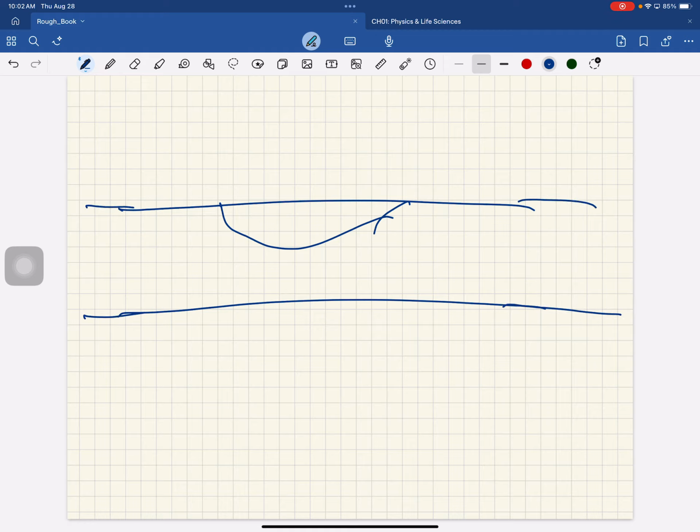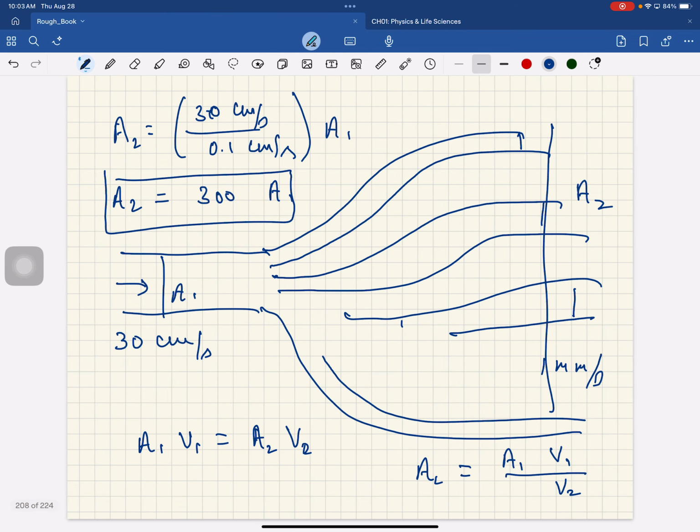All right, so you guys have used a garden hose. Here's your flower bed, and then you want to water that flower bed. What do you do? You pinch it. You make this area smaller. This speed gets bigger, and the water goes further.